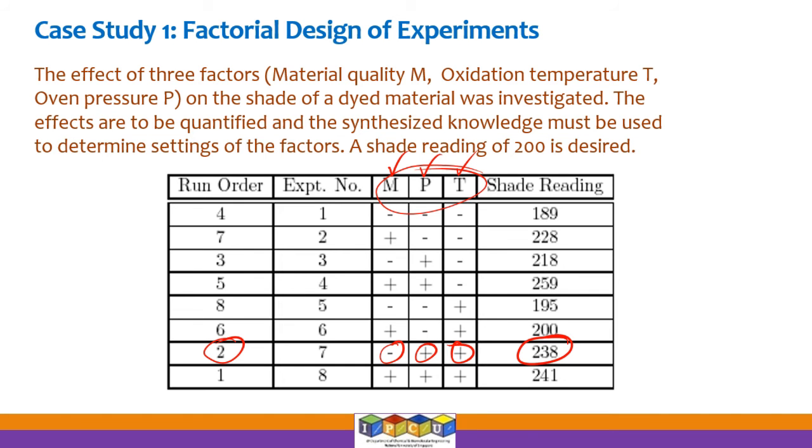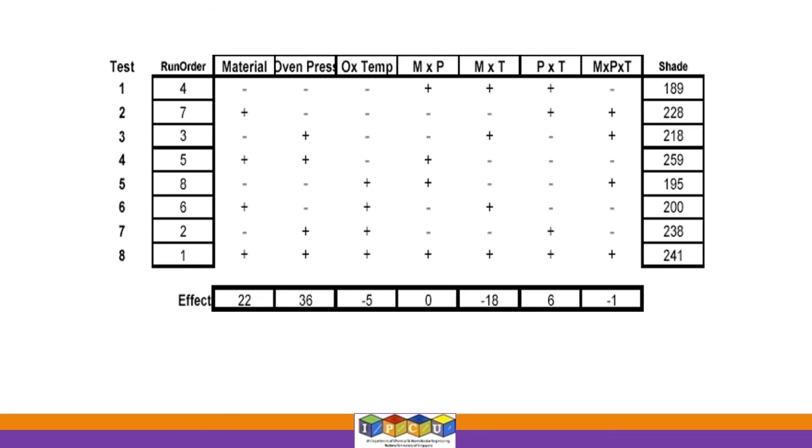It will select the run order based on randomization. And then once you enter the values of the experimental output measurements, it will form a table like this and it will calculate the effects for you. So what we get from here is the most dominant effect is this oven pressure, because in magnitude that's big. The second dominant effect is the material effect, because that is the next bigger number in magnitude.